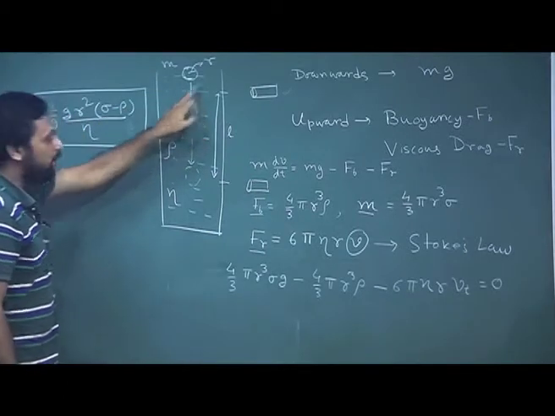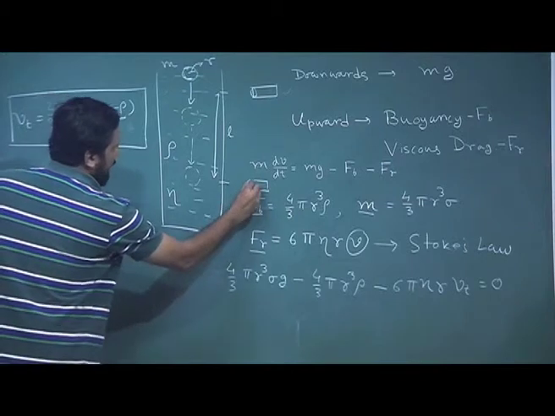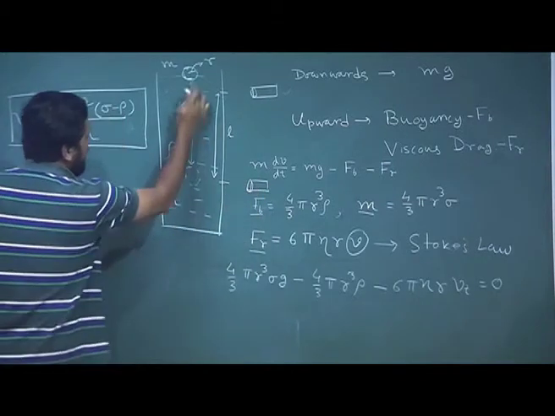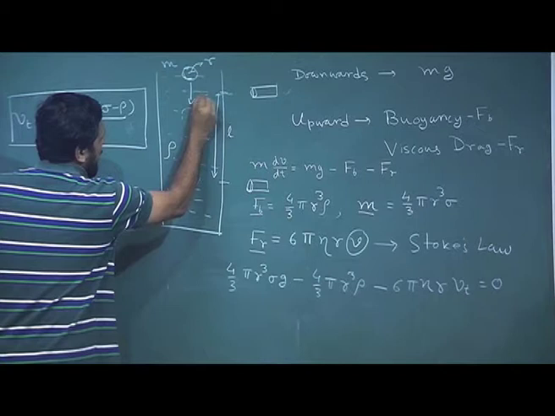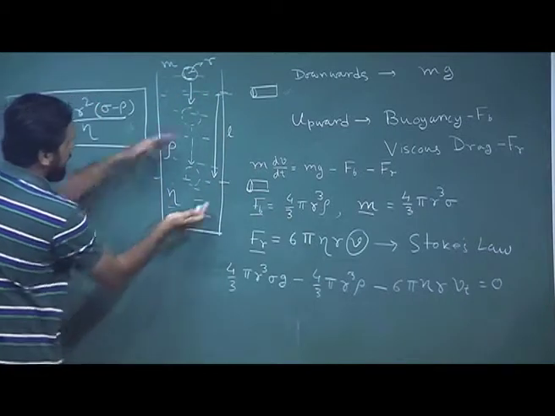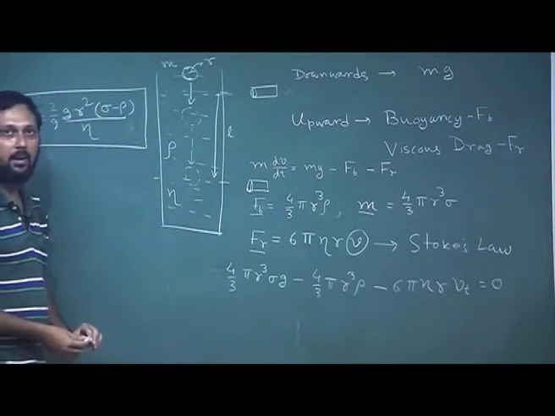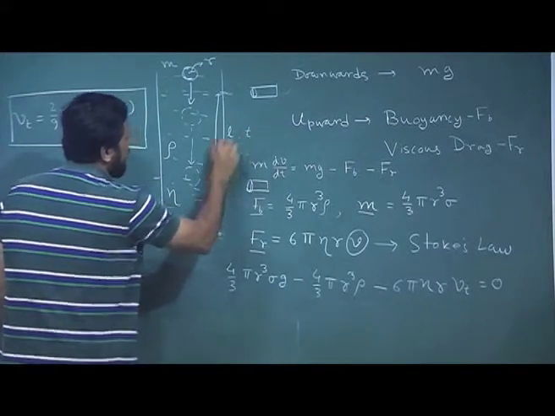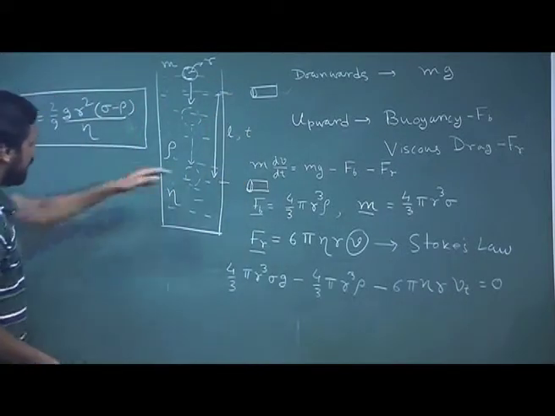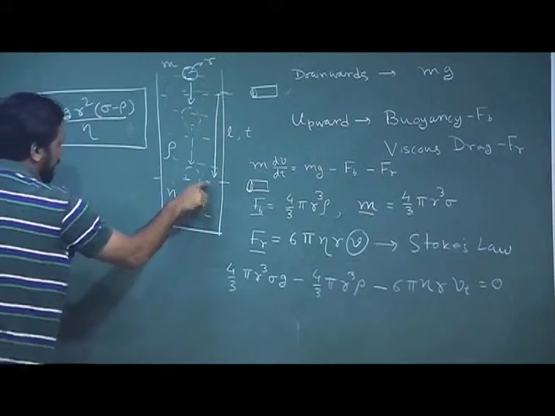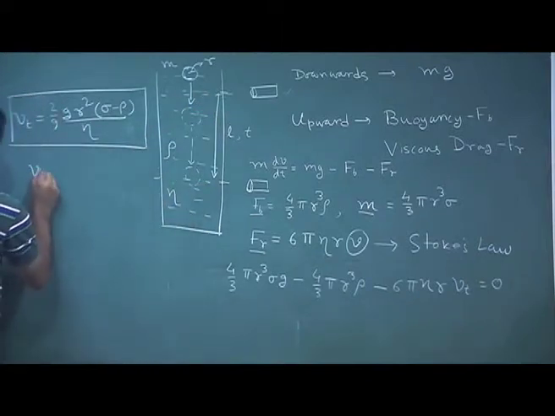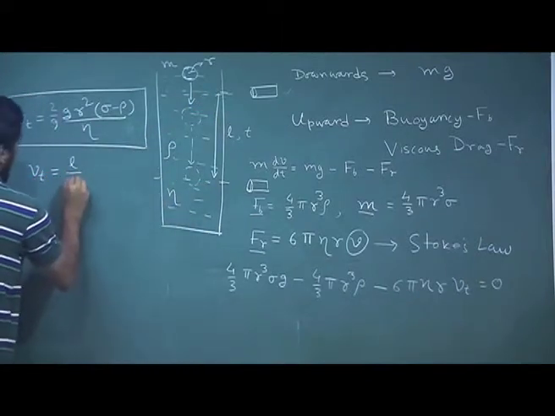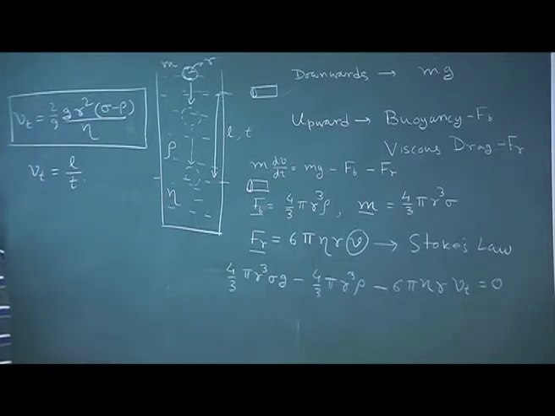Assuming that we have enough length for the sphere to travel, by the time it reaches here, it reaches the terminal velocity. What we can do is take two snapshots of this sphere passing this point and this point, which is separated by a distance L, and then we can calculate the time t it took to travel from this point to this point, and then your v t will simply be L by t, isn't it?